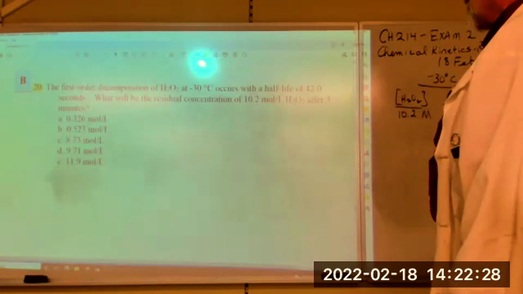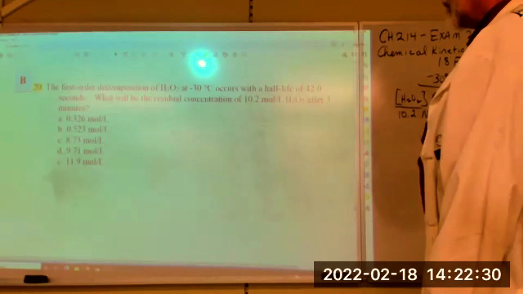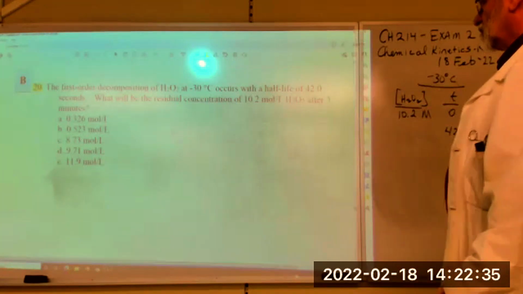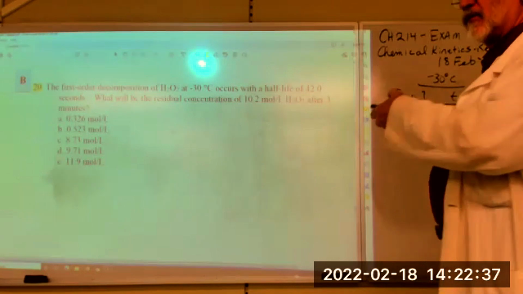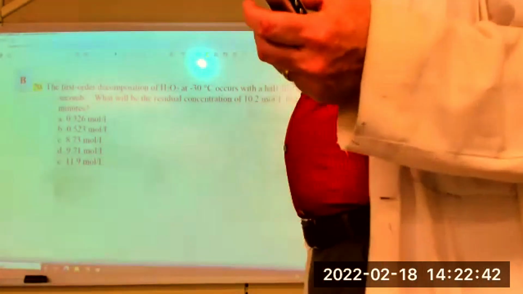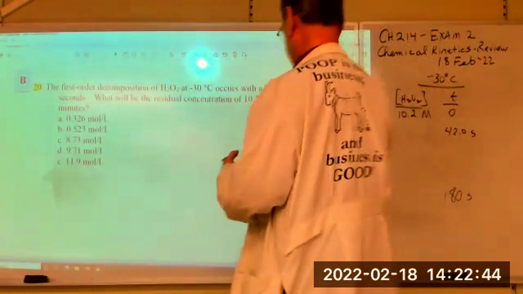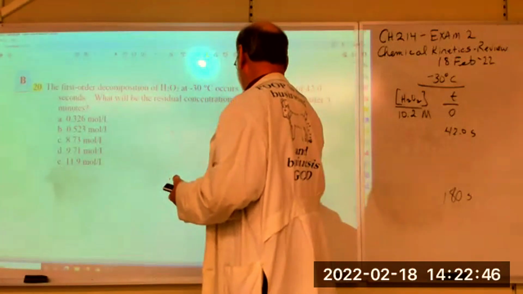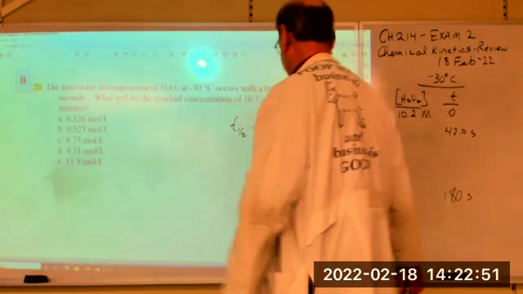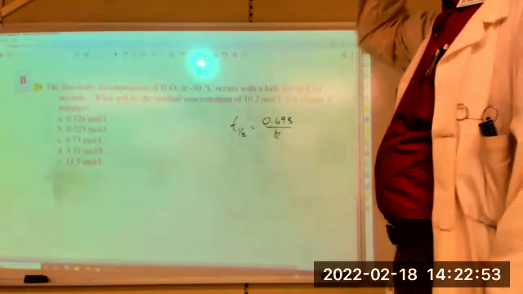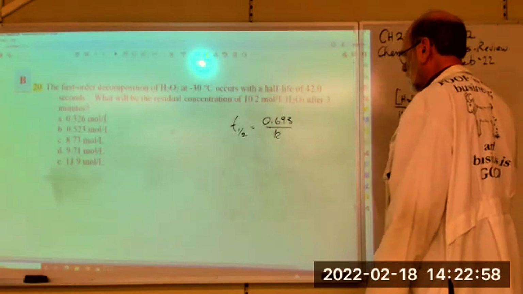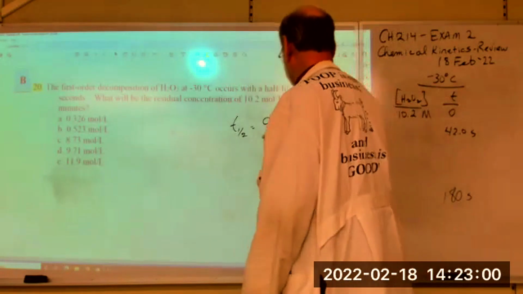Okay. So if we're going to get actual concentration after so much time, we need the integrated rate law. So first order, the half-life equals 0.693 divided by K, correct? I think that's right. So first order, this 42 seconds is this one.